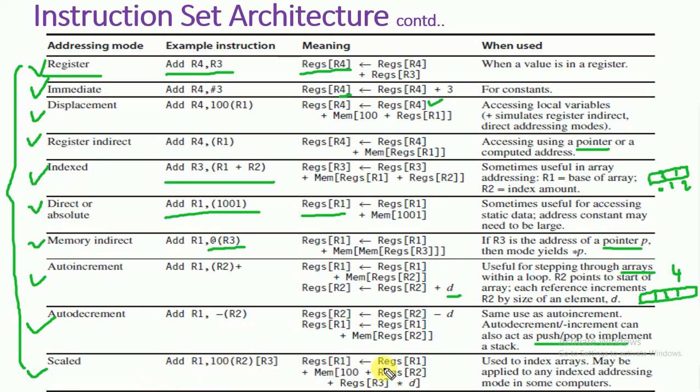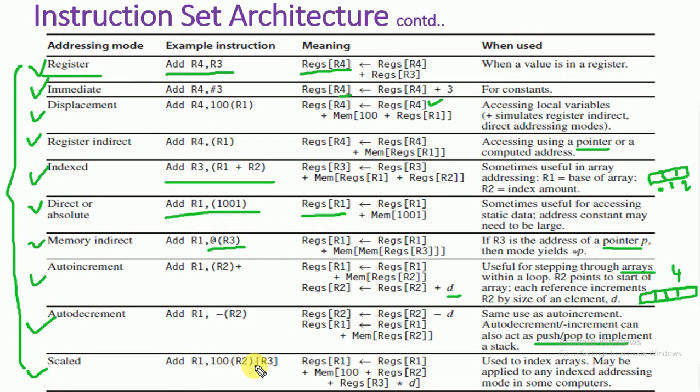So here add R1 comma, so register R1 will be added with, just look here, register R2 plus 100. R2 has a value, with that an offset 100 will be added. So R2 will have an address plus 100, and we get a new address.